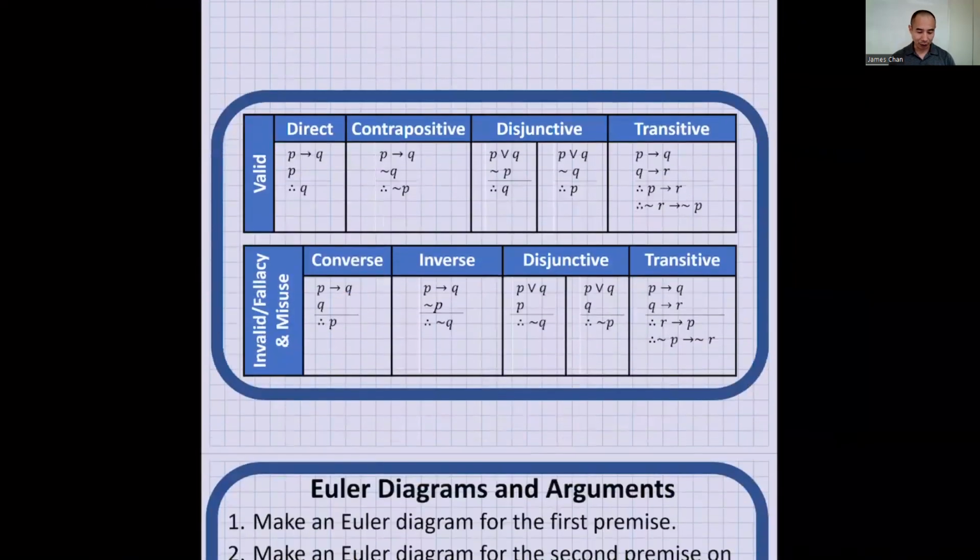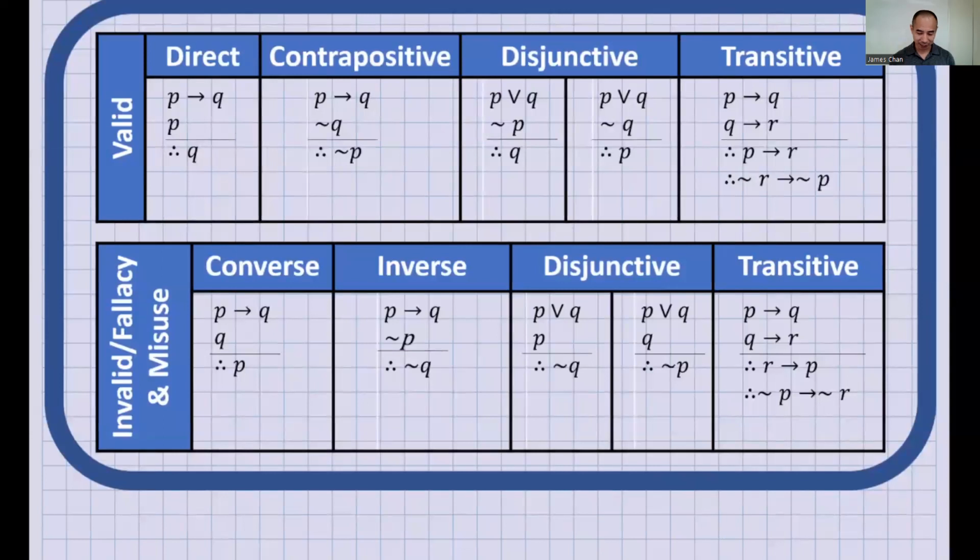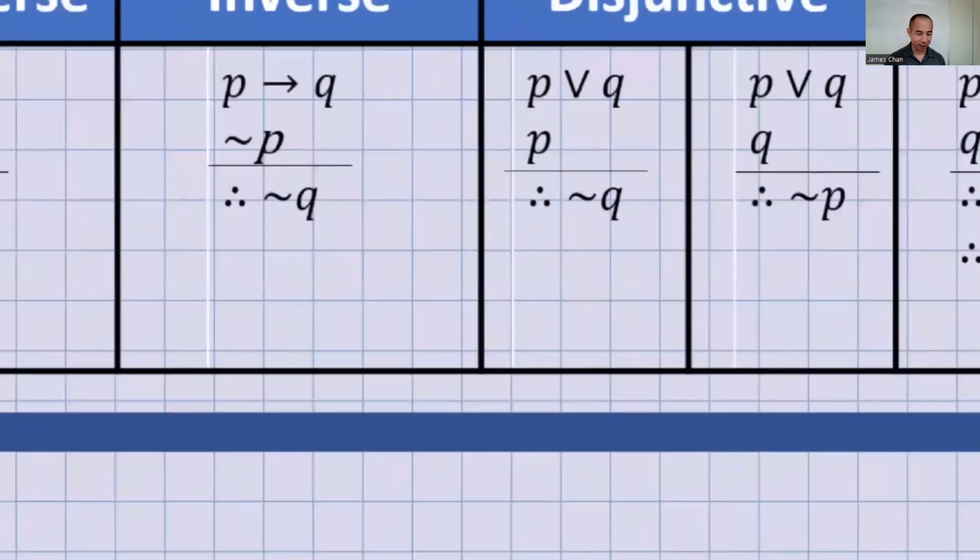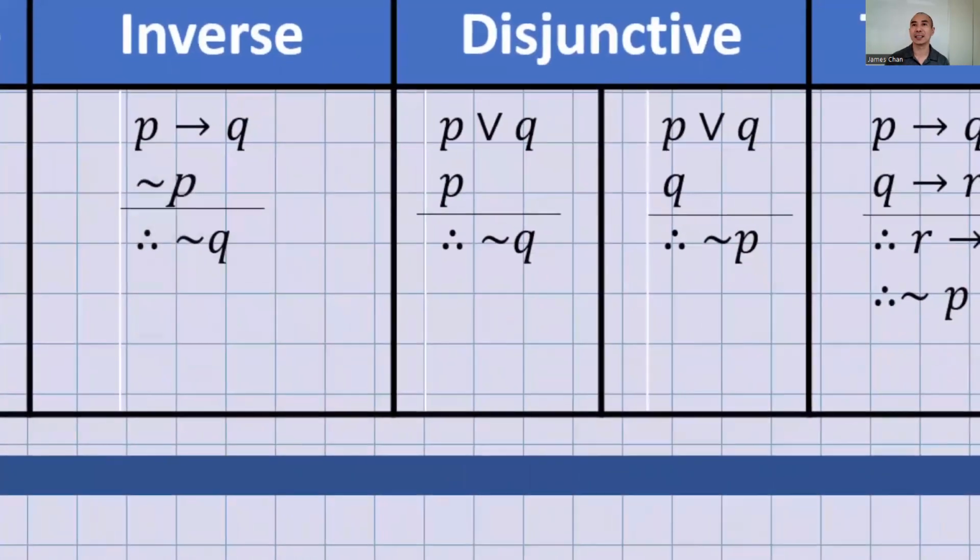So they're going to tell you that there are valid arguments and invalid arguments and what those names are. So I will leave this on the cheat sheet as well. If you notice, the inverse right here is exactly what we just did. I know it's hard to see because we had what?